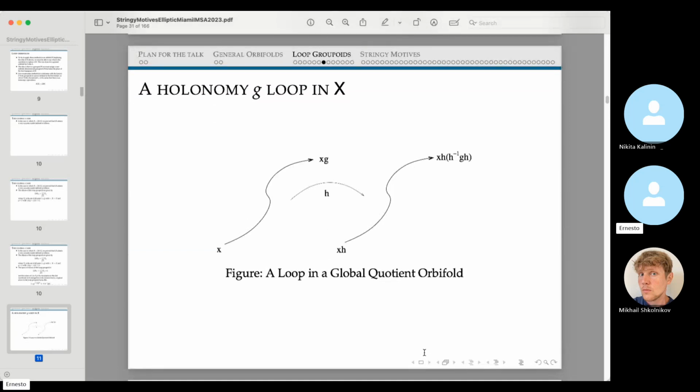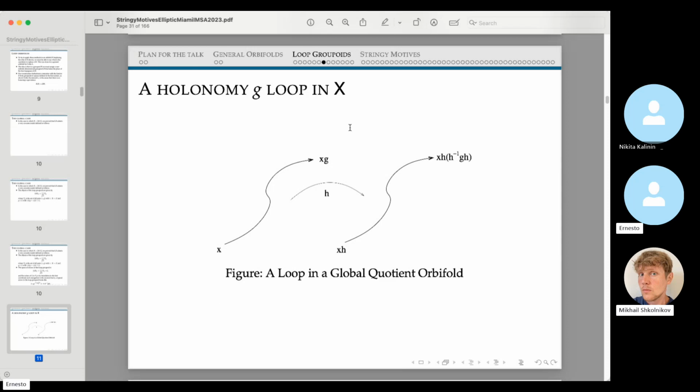Because this is what it looks like. This is what a loop looks like. It's a reasonable thing. So this object is related to this object of this category via this arrow.